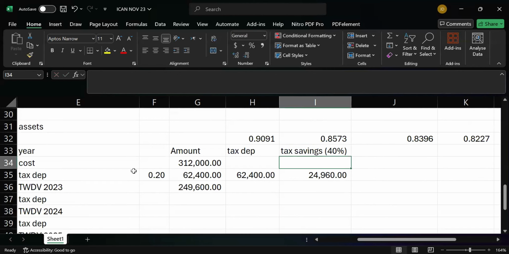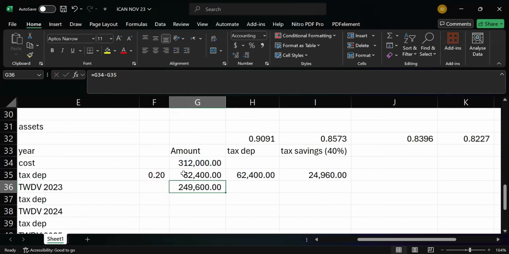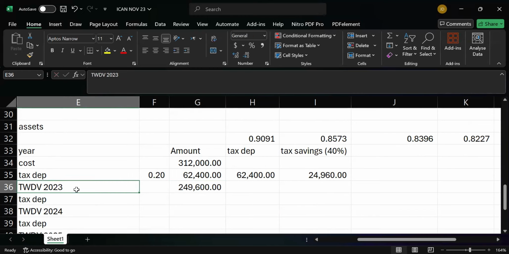Okay. So tax depreciation for year one will be 312 times 20%, which is 62,400. So tax written down value at the end will be 249. But you observe that I'm using year zero here. Okay. So whatever you are using, you have to state your assumption.